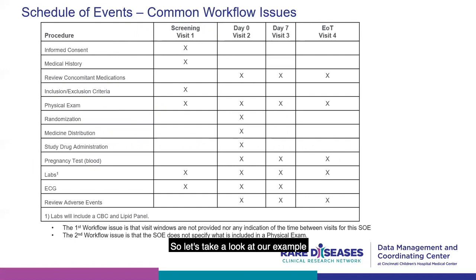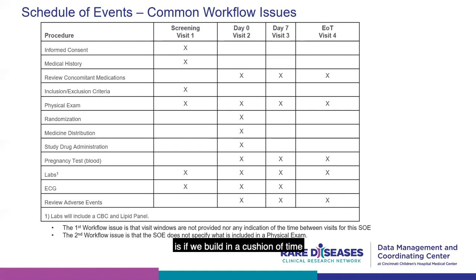So let's take a look at our example schedule of events again. When scheduling, as coordinators know, we need to schedule the study visits according to the protocol, and if we don't, we'll have a protocol deviation. However, scheduling with participants, especially kids, can be difficult, working around school and their other activities.